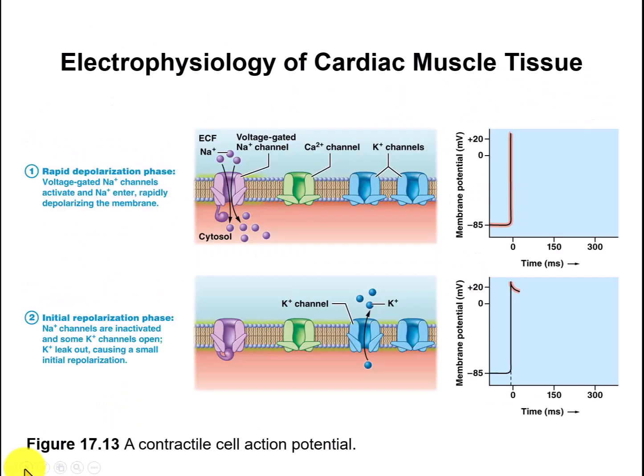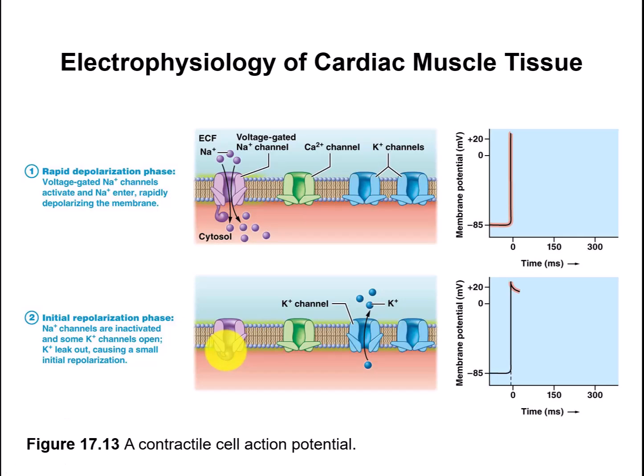Now when we look at our contractile cells, remember the pacemaker cells have already started the depolarization. So we've already got channels open and ions flowing through the gap junctions into the adjacent cells. And so we get a rapid depolarization. Resting membrane here, minus 85, rapidly depolarizes to plus 20 due to the sodium channel gates being open. So we have the activation gates open, then the inactivation gate closes, plugging that channel.